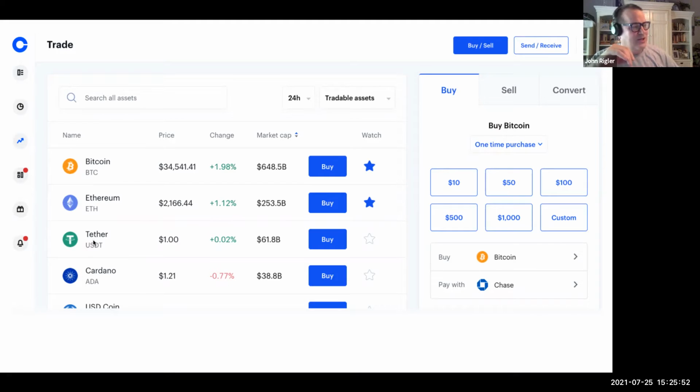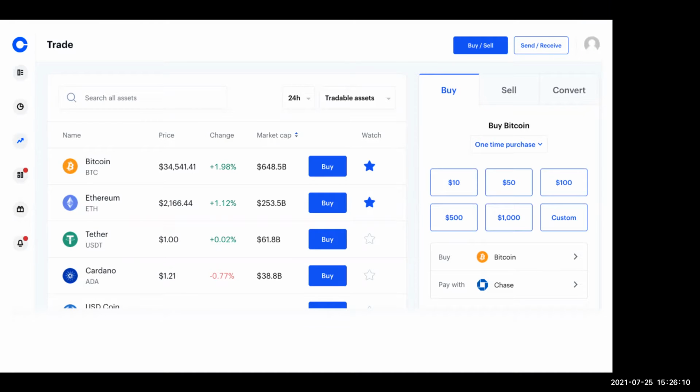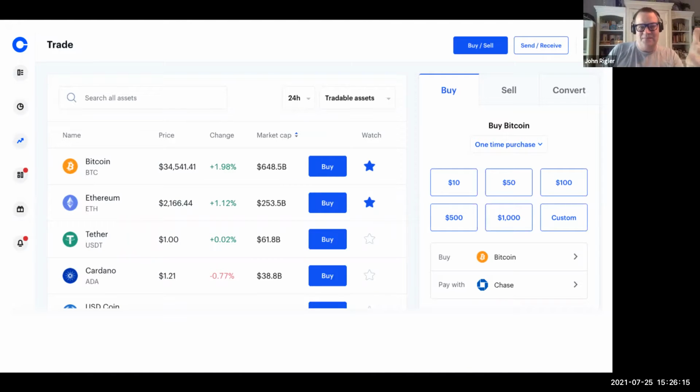So this one called Tether, if you'll notice, its price is $1. Tether is an Ethereum token, and they do things to make it always equal $1 so that it's stable.